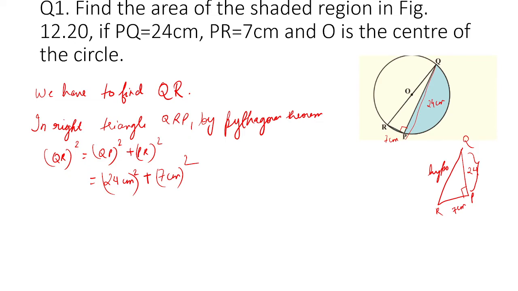So 24 square is 576 centimeter square plus 7 centimeter square, which is 49 centimeter square. When you add these two up, you'll get 625 centimeter square. Therefore, QR square is equal to 625 centimeter square.